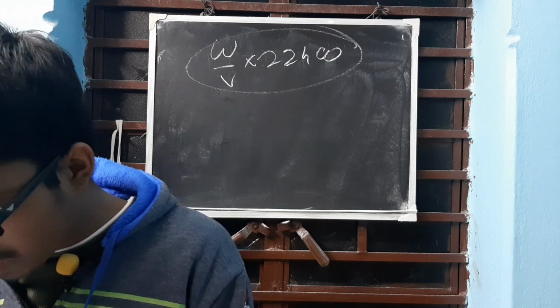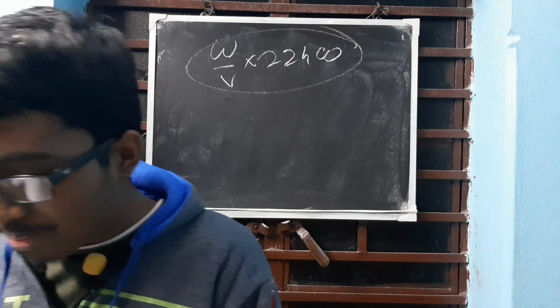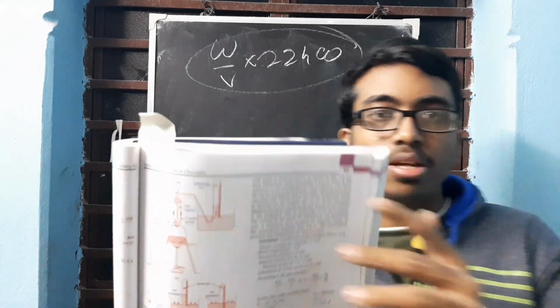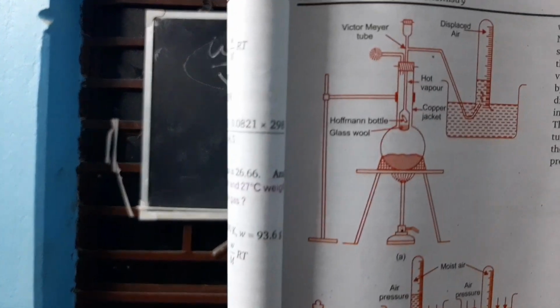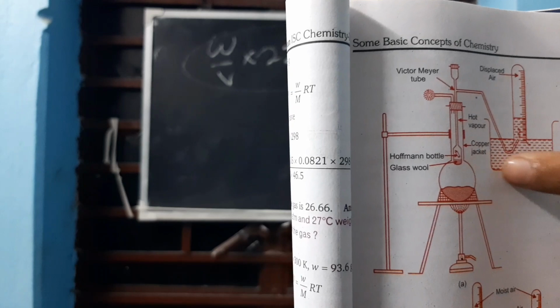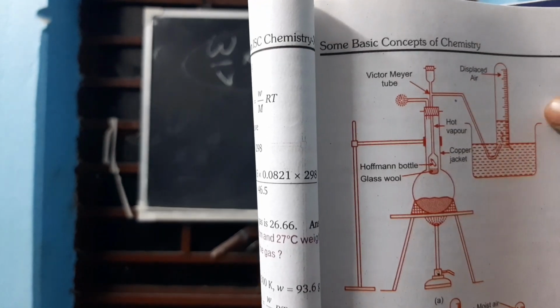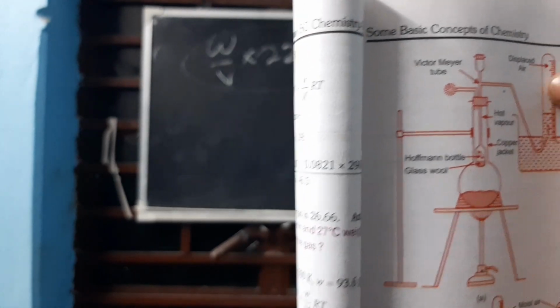You all have the Victor-Meyer's method, and see the picture. This is Victor-Meyer's method. Okay, can you see this picture? Let me see if this is visible in the camera or not. This is the thing I was talking about. Here the vapors are formed. So whatever air is there is displaced over here.